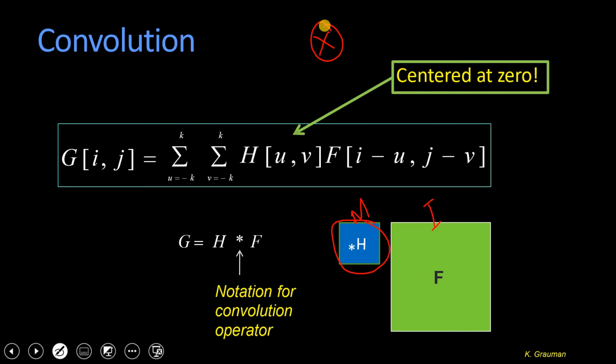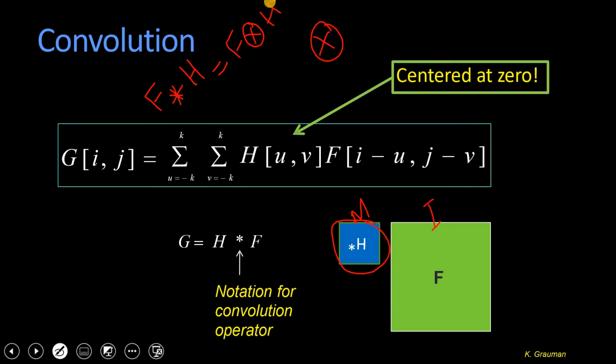Let me explain it. So here is your image F. When you do the convolution with H, it will be same as if you do the image and correlation, but if the filter or any one of those images is rotated by 180 degrees.